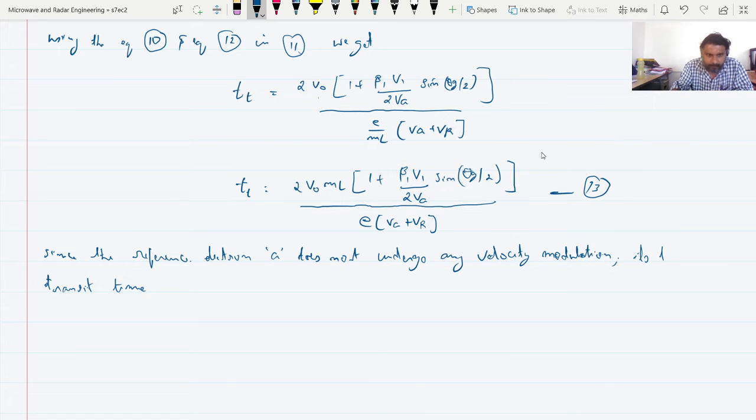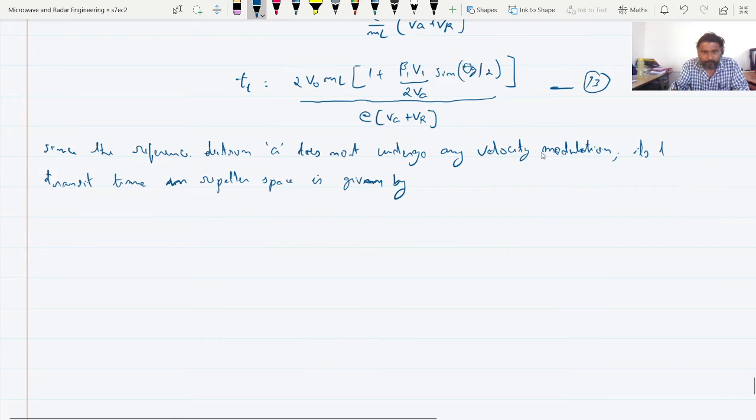TA. Now it is not T, it is TA, the transit time, because the reference electron is nothing but 2 VA divided by acceleration.